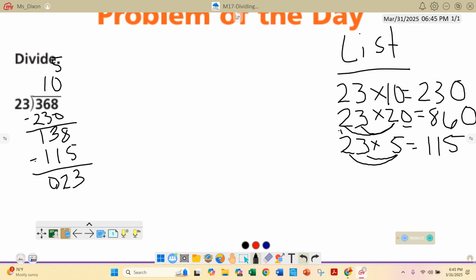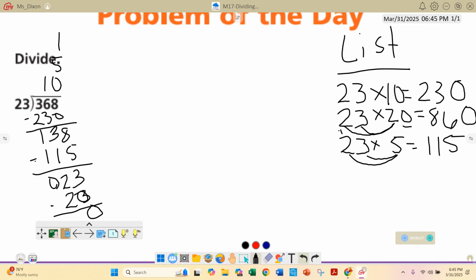If you said no, you are absolutely right, because our remainder is not less than our divisor. 23 is not less than 23. I didn't say it can be the same. I said it has to be less than. So we can take out one more group. So that's going to be 1 times 23, which is 23. Subtract, and we get 0 as our answer.